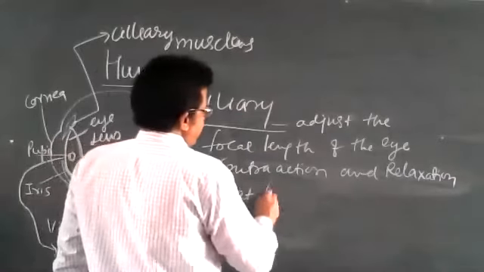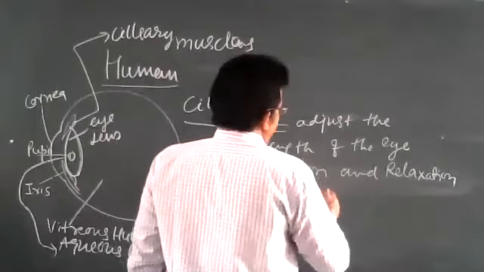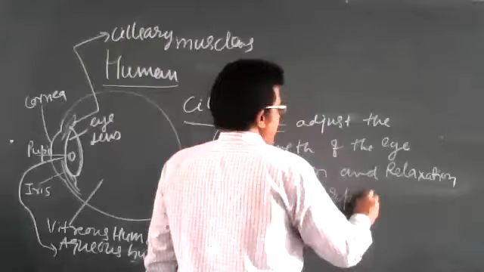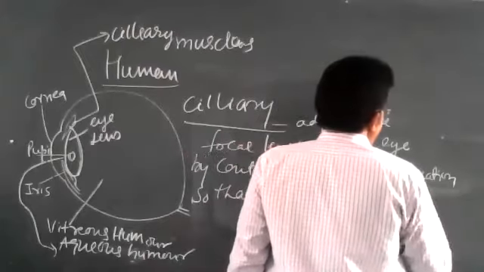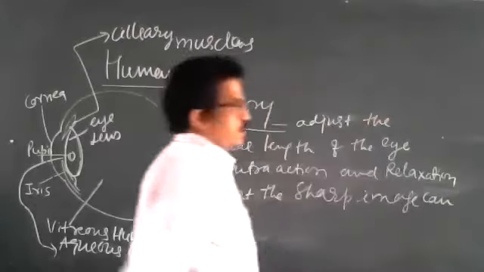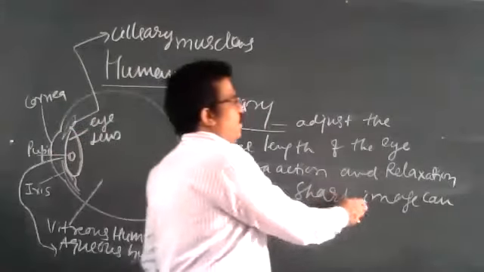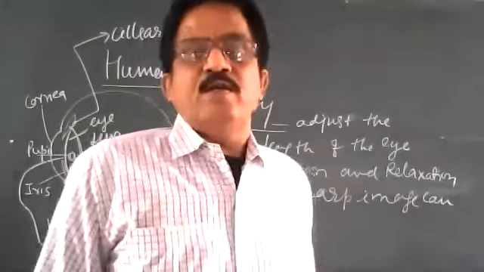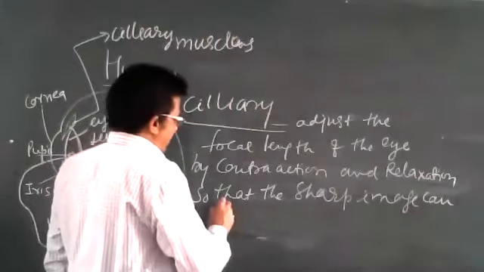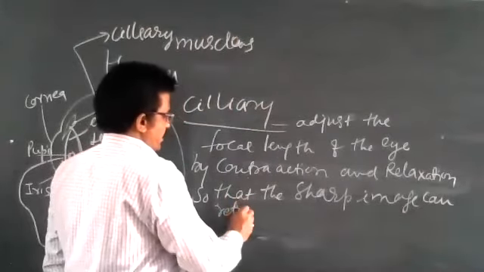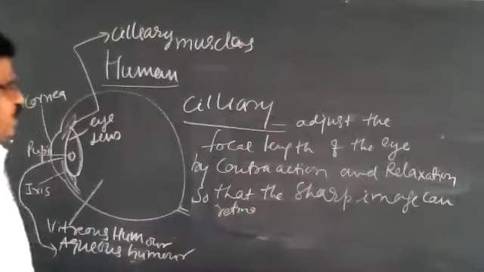So that the sharp image can be obtained on the retina. This is the function of the ciliary muscles.